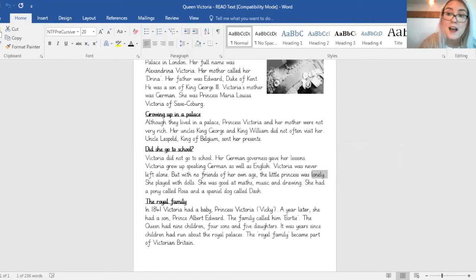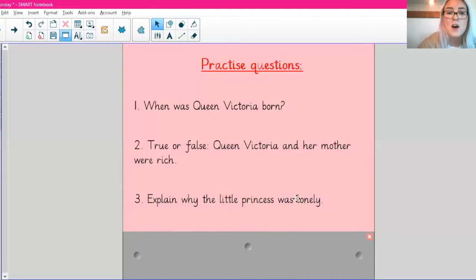So from that, I know that the little princess didn't have any friends her own age, so that is why she was lonely. So if I go back to my set of questions, if I was answering this question, thinking about our purple success criteria, which we have to use quotes, I might answer my question like this.